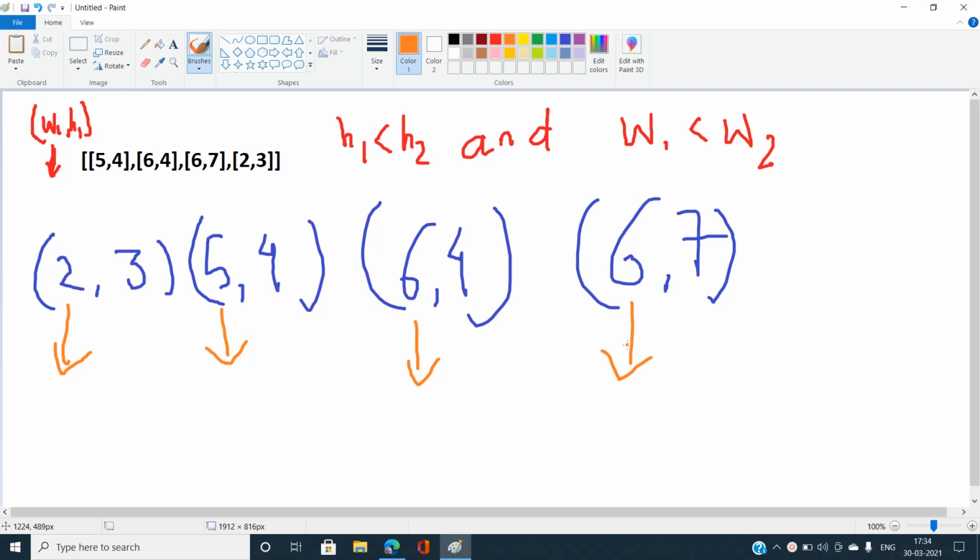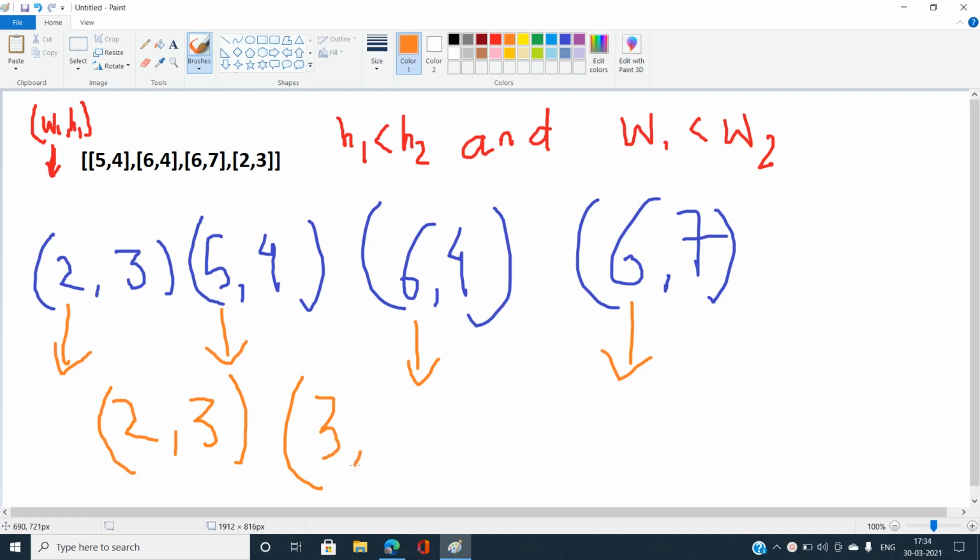So how do we now work upon the second key, very cleverly? One thing that should be noticed: let's say we have two keys, 2 comma 3, and another key like 3 comma 3.